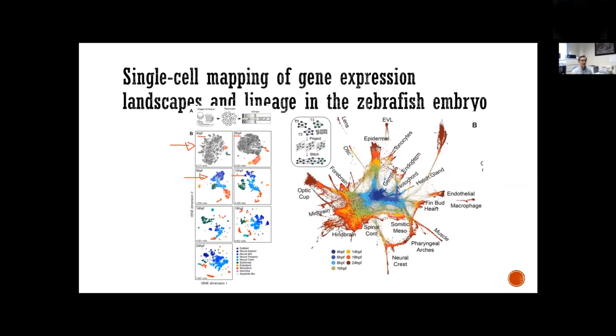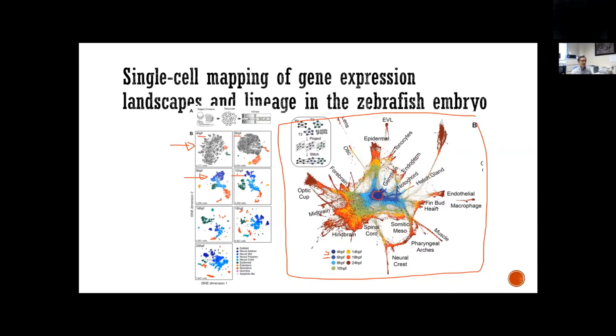Then they read out all the cell types and generate this picture, superimposed onto each other, and also color them by different time points. Most of the cells are in the center at 4 hours after fertilization. And gradually, you see more differentiated cell types.